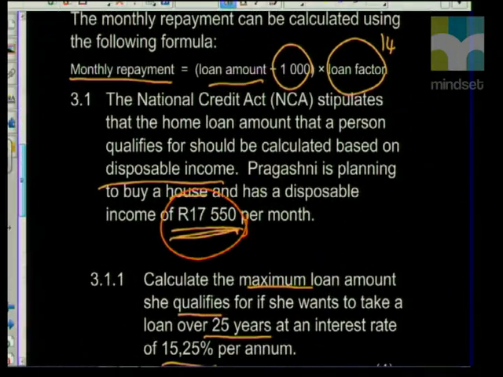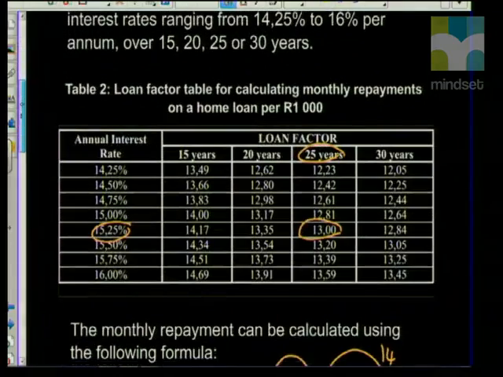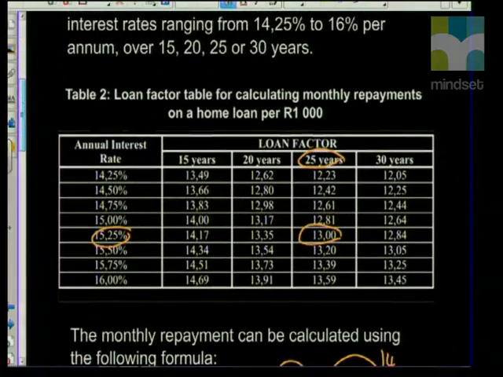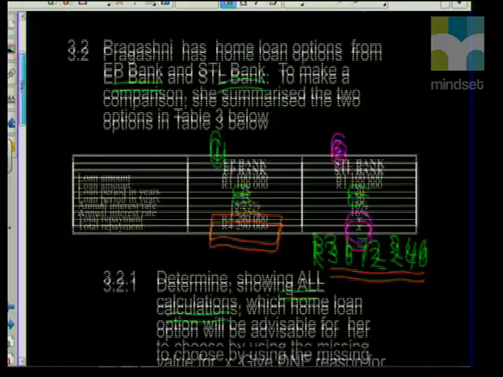That means that she's hardly got any money left to pay for her groceries, to pay for her petrol. Is this going to be the best option? Yes, if she does do it over the longer term, she's going to be paying less in the long run because the interest rate is less. But is it affordable? Well, let's go and have a look at the other option just very quickly.